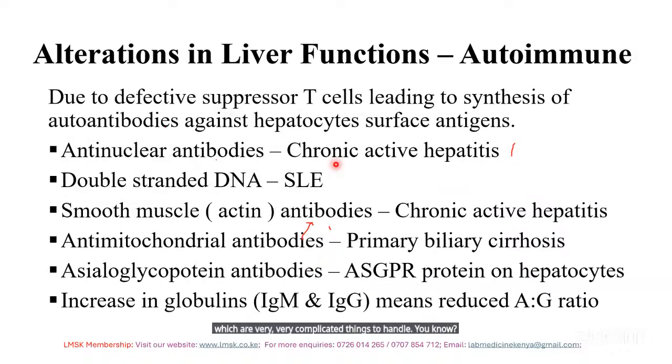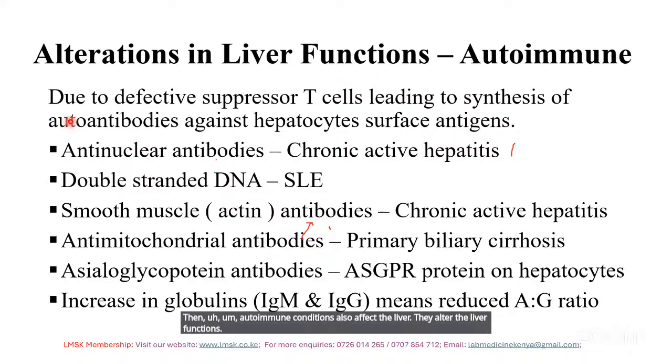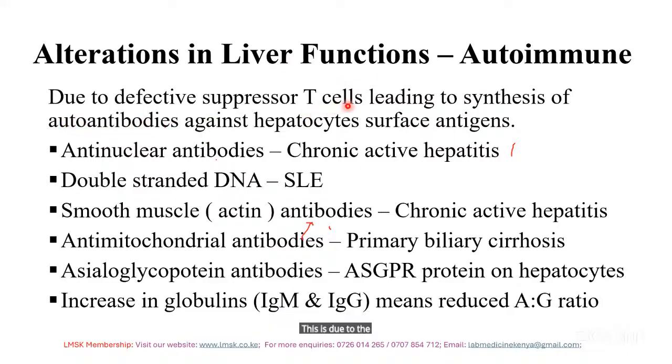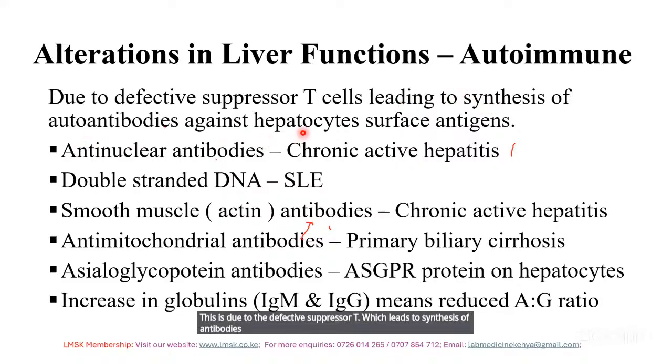Then autoimmune conditions also affect the liver. They alter the liver functions. This is due to the defective suppressor T cells, which leads to synthesis of antibodies against hepatocyte surface antigens.